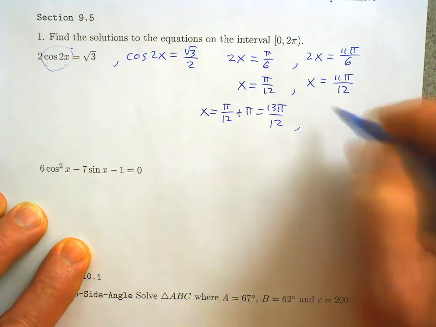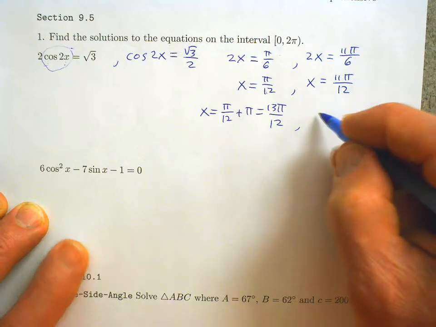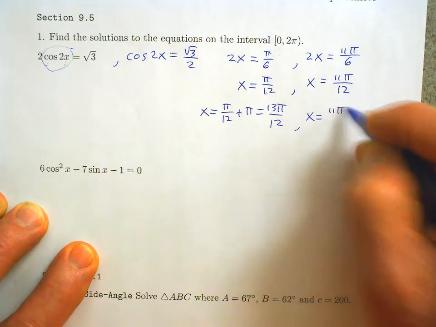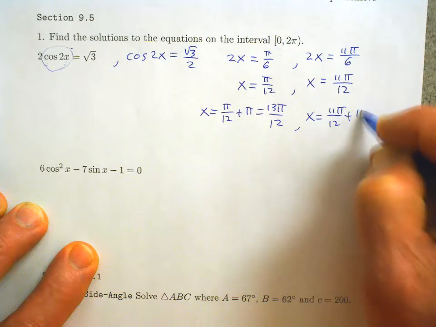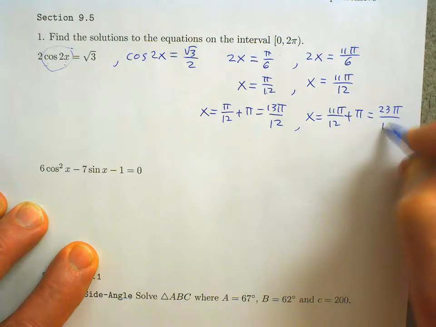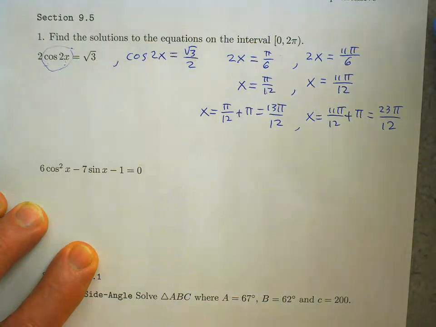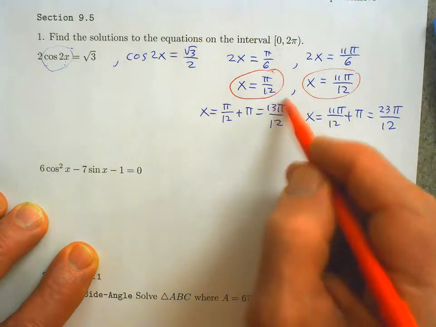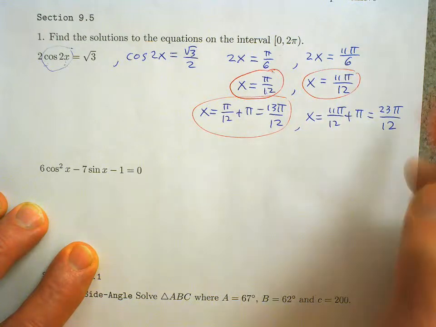And then the fourth and final solution is 11 pi over 12 plus pi, which is 23 pi over 12. Okay, so we have four solutions on the interval from 0 to 2 pi on that one.